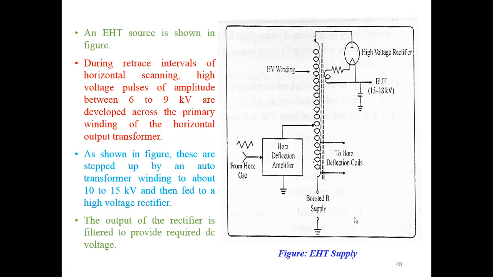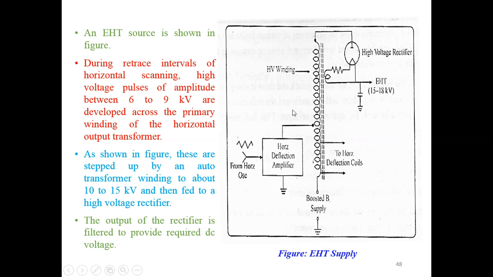The EHT source is shown in the figure. As we can see, from the horizontal oscillator the signals are coming and going towards the horizontal deflection amplifier, and then going towards the winding and the high voltage rectifier.